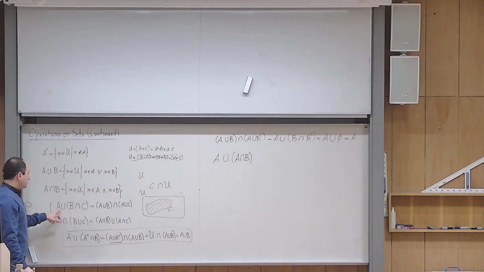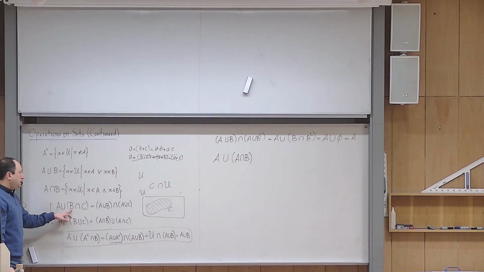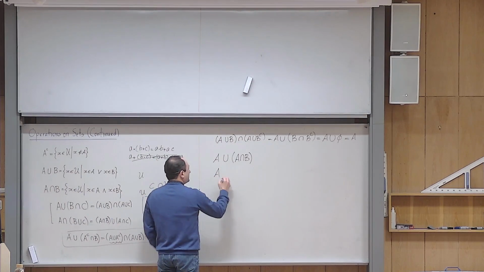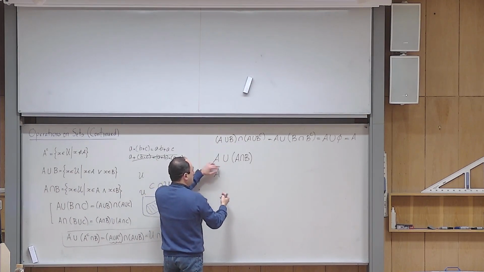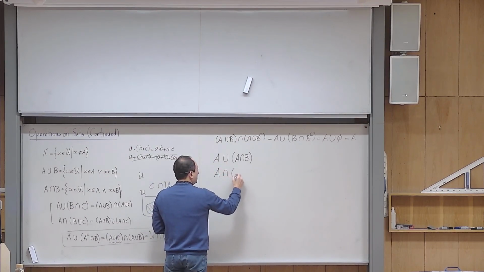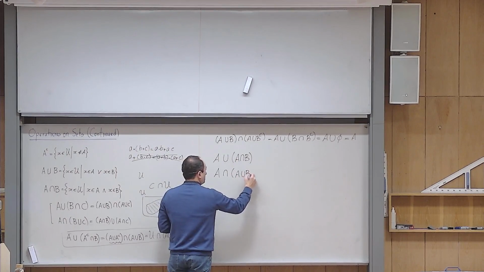You see, it is very similar to this one. The only difference is that B is now A, C is now B. So another one, I can just write the dual of this. Dual means change intersection to union, union to intersection everywhere. So this becomes A intersection (A union B).